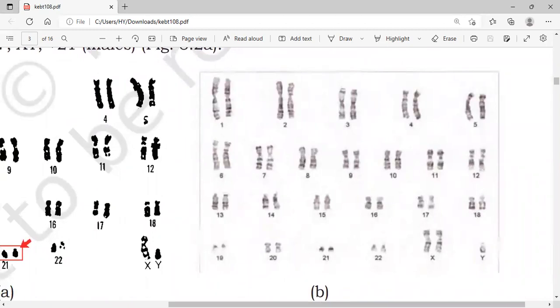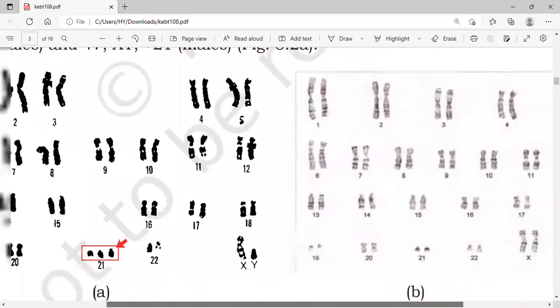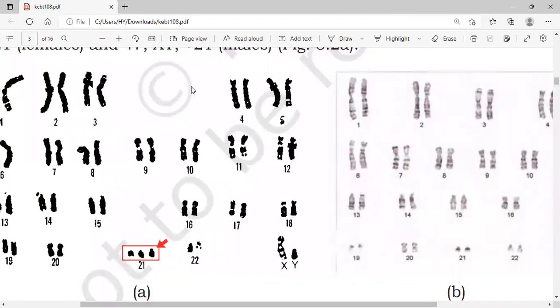So B is the normal individual karyogram, and A is the Down syndrome person. Here we can see that chromosome 21, shown in red, has 3 chromosomes.